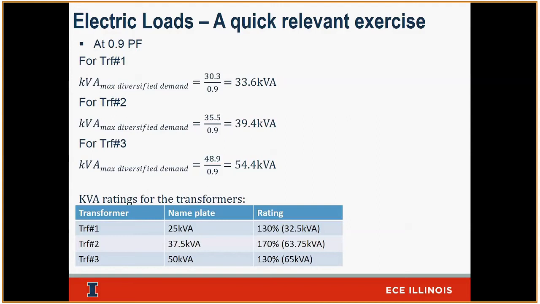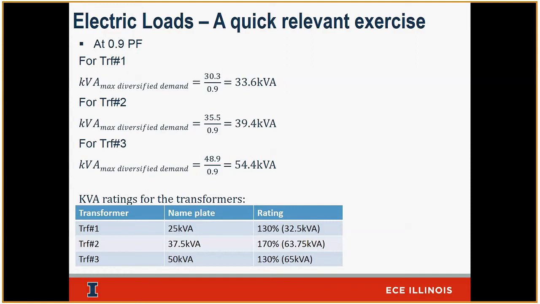So this transformer here could have a nameplate rating of 25 kVA. Right? That's what it's rated for. It can provide capacity of 25 kVA as a nameplate. We typically run underground transformers up to 130% of their nameplate. Per manufacturer guidelines, we can load them all the way to 130%.